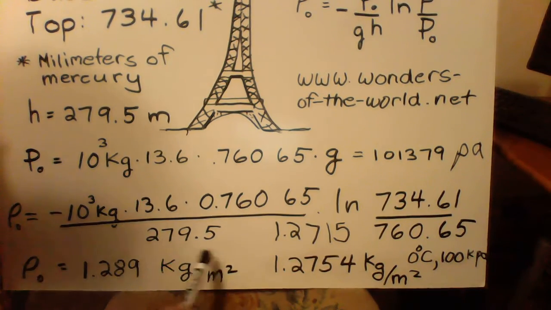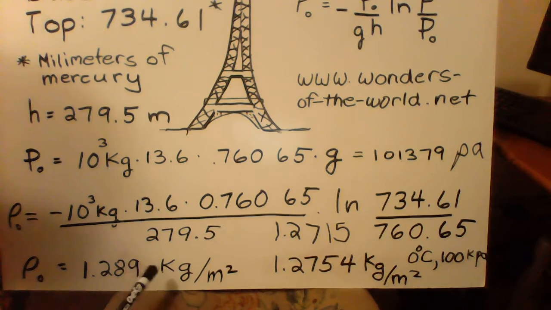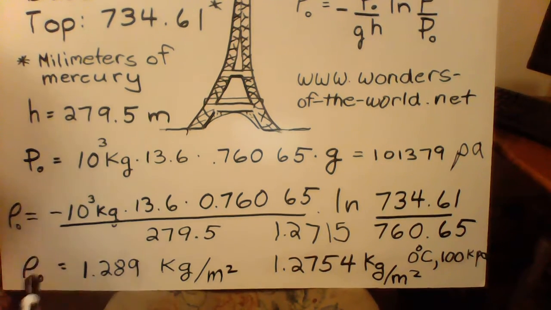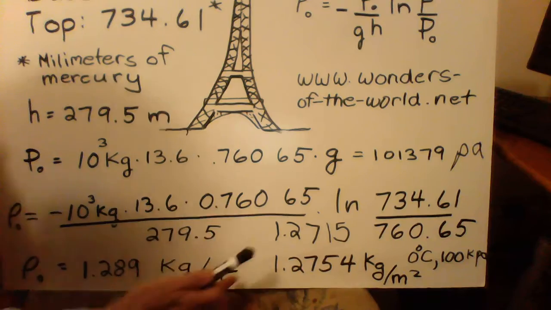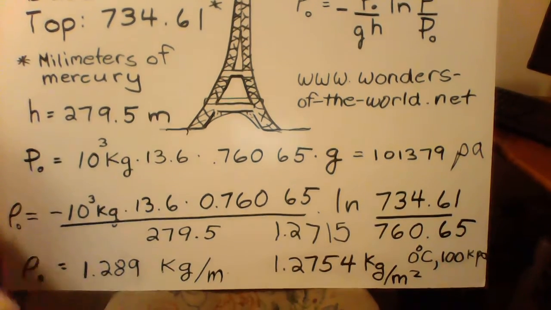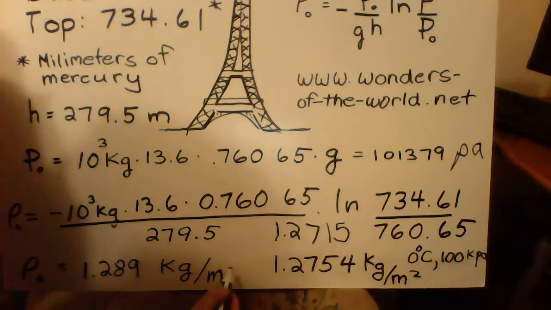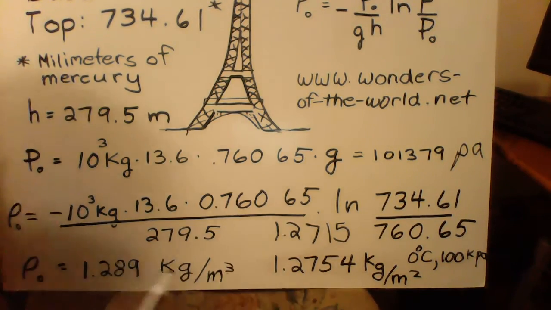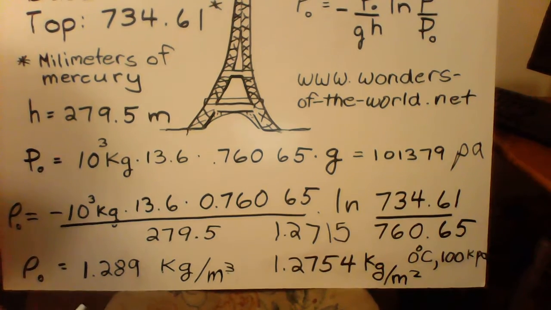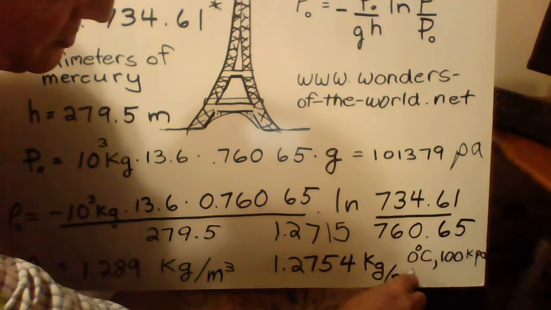I just divide by the height, and then I'm going to generate a number here, which comes out to about 1.289 kilograms per meter cubed, which is the density.